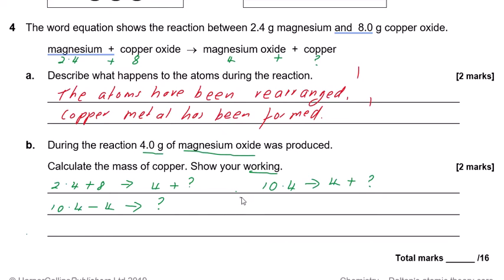Okay, so you can now say that your question mark, your unknown, is 6.4, and then you can say the copper, the mass of copper, is 6.4 grams. Okay, and for all of that you will get the 2 marks.